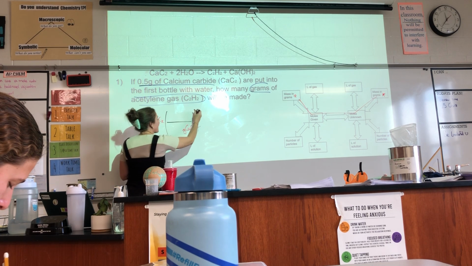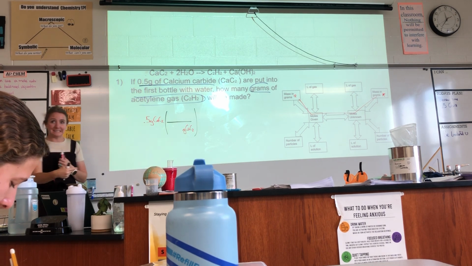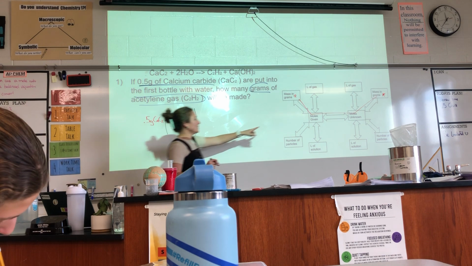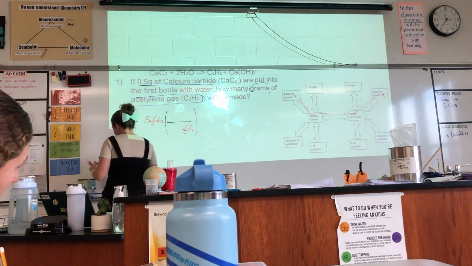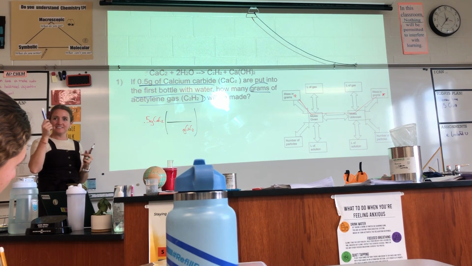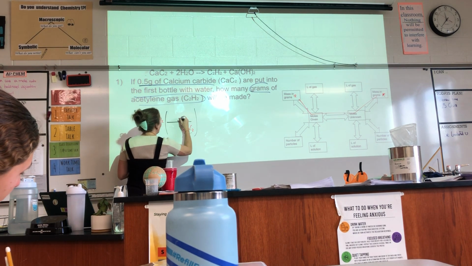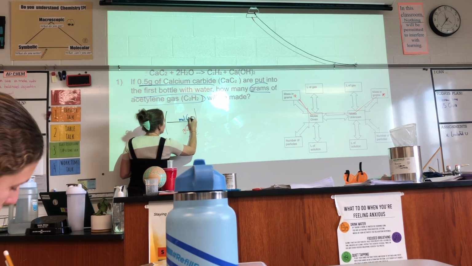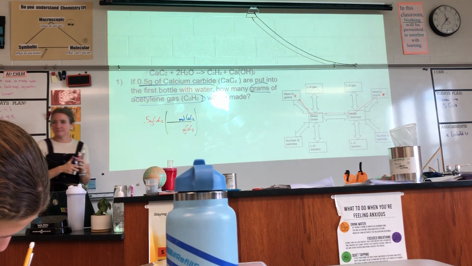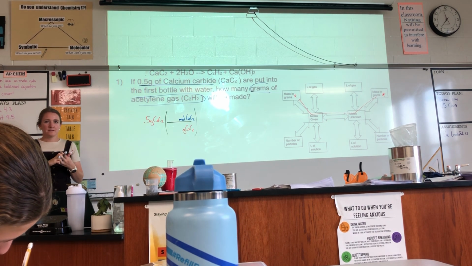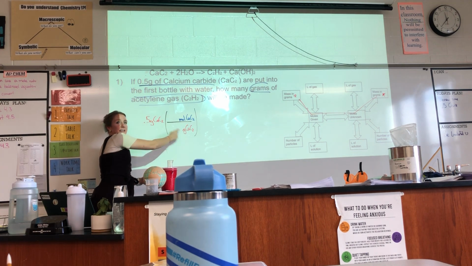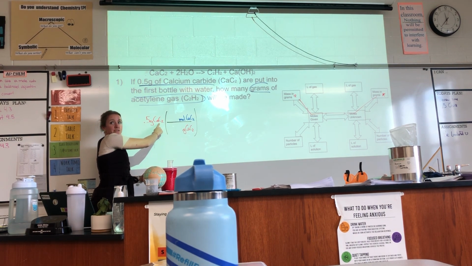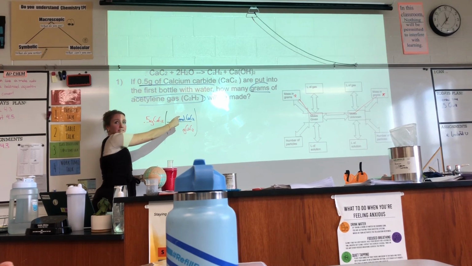The top of the fraction should be where you're going: moles of the same thing. I'm going to change color because I'm changing cities. So mole CaC2. Once again, notice the correlation: the bottom is where I'm leaving and should match where you were, and the top is where I'm going.